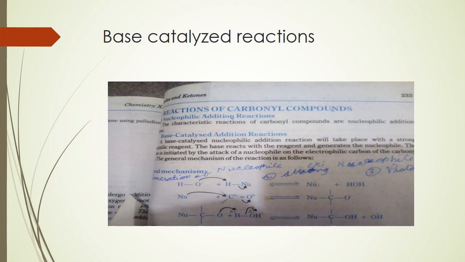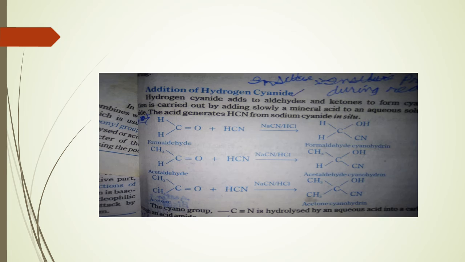So it increases the nucleophilic character of the nucleophile. Now this nucleophile attacks the carbon and is added, and the pi bond electrons shift towards the oxygen. Oxygen carries the negative charge. Now third step, the water formed in the first reaction, the negatively charged oxygen abstracts the proton and recovers the base. This is the general mechanism of the base-catalyzed reaction.